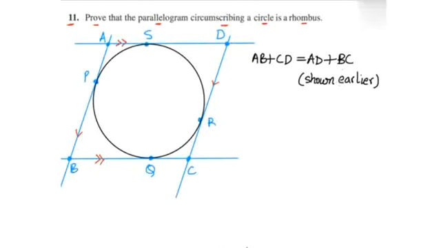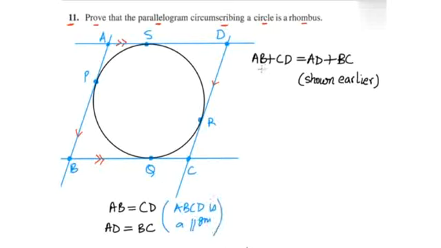Now, because ABCD is a parallelogram, we also know that AB is equal to the opposite side CD and AD is equal to the opposite side BC. Correct? This is simply because ABCD is a parallelogram. So if we make use of this fact in the relationship we have written, instead of AB plus CD, we can write AB plus AB.